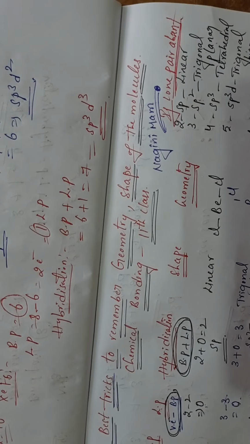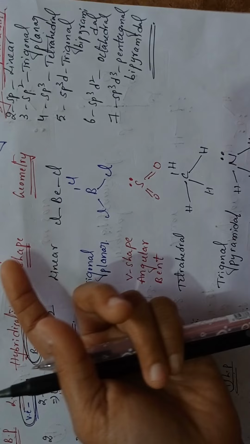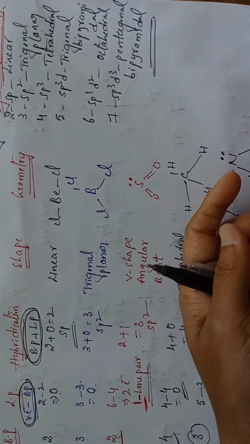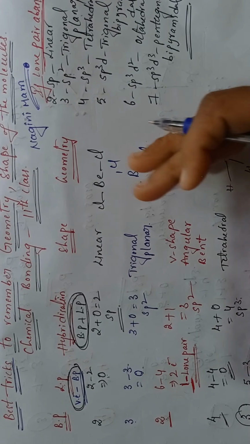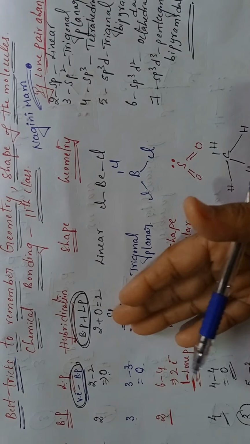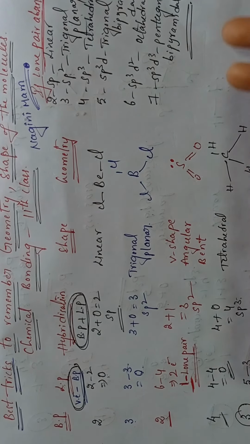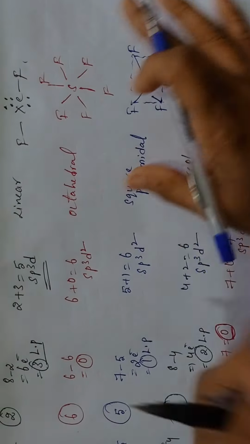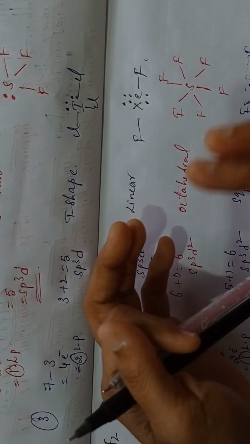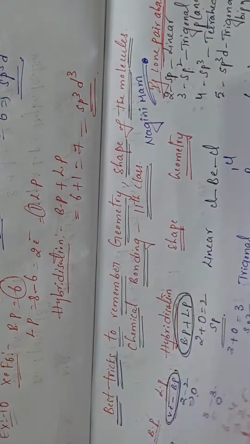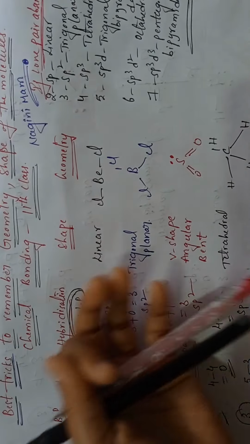To remember the geometry and shape of the molecules easily, I will give the best trick. You can easily remember that trick. Here all the models I discussed, students. If 0 lone pair, 1 lone pair, 2 lone pairs, what are the shapes? These are the shapes, students. Just practice this table, you can easily answer any type of question. So these shapes are fixed, students.